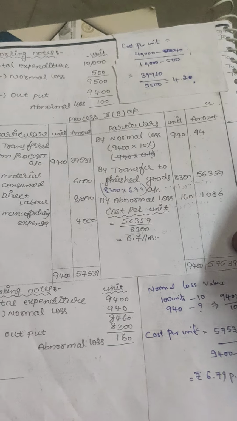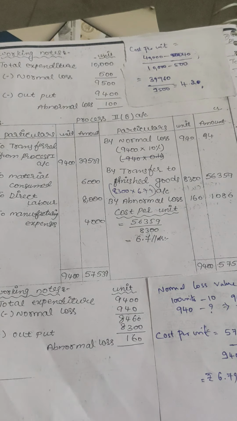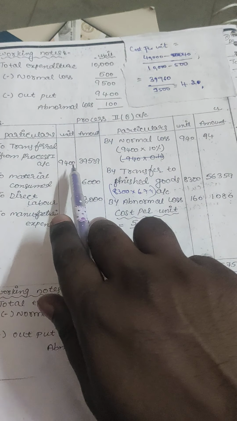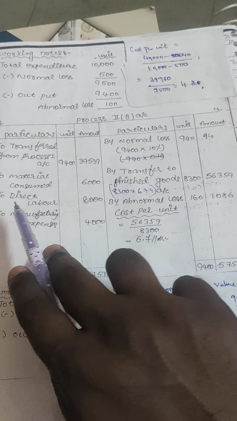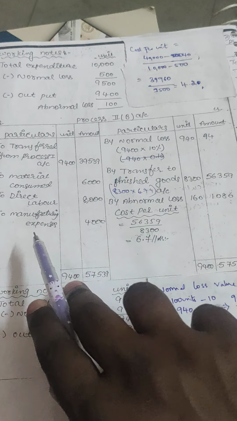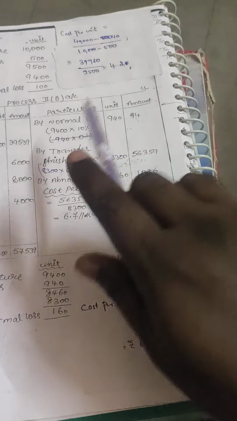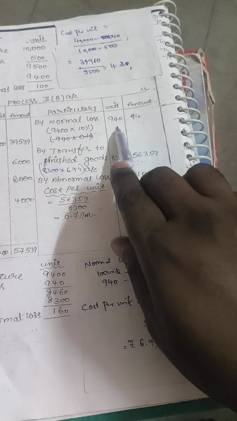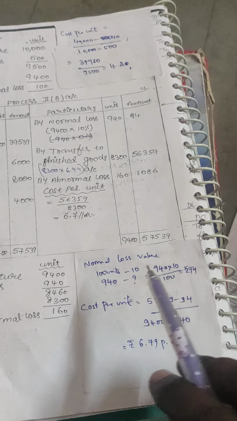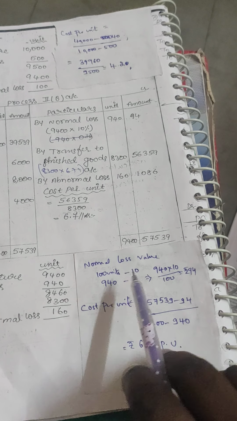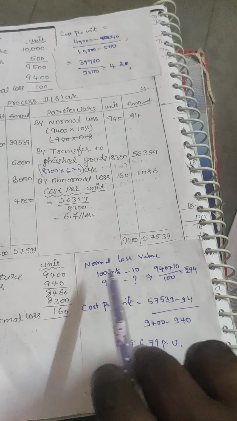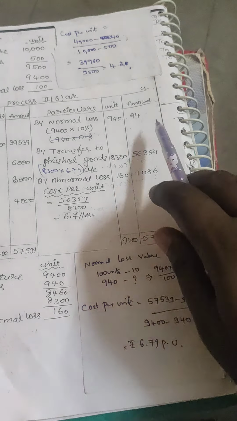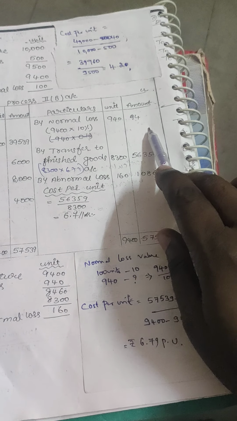Now process 2. How much transferred from process 1? 9400, it is 39,539. To material consumed 6,000, to direct labor 8,000, to manufacturing expenses 4,000. By normal loss, 940 units. For 100 units they are paying 10 rupees, so for 940 units, 940 into 10 by 100 is 94 rupees.